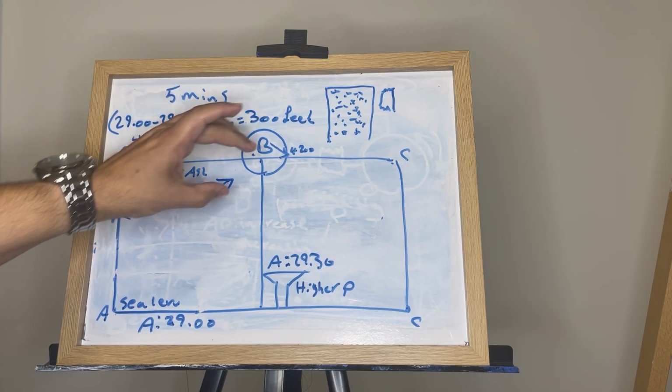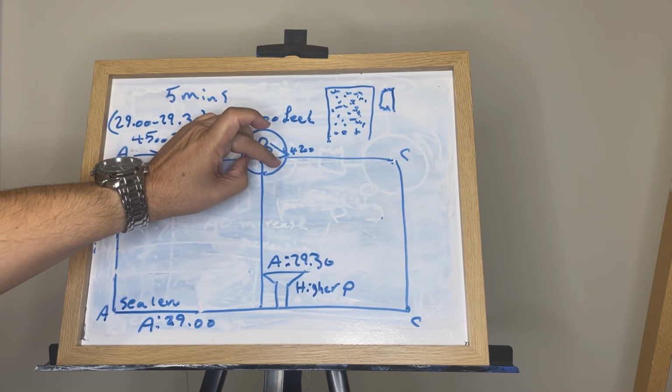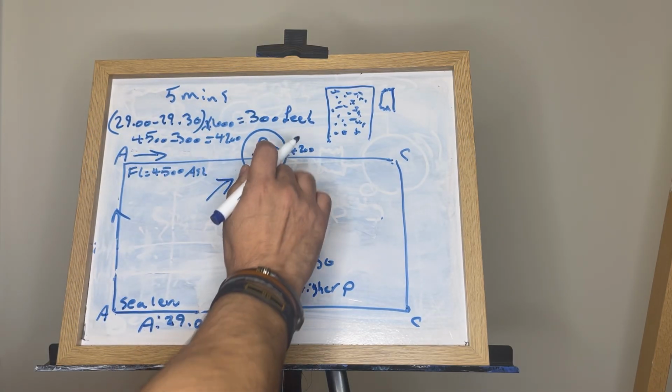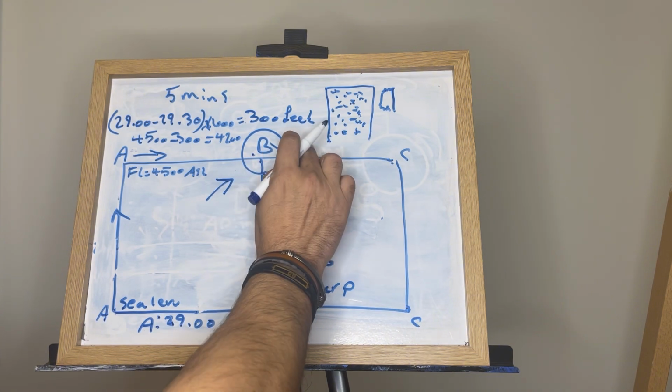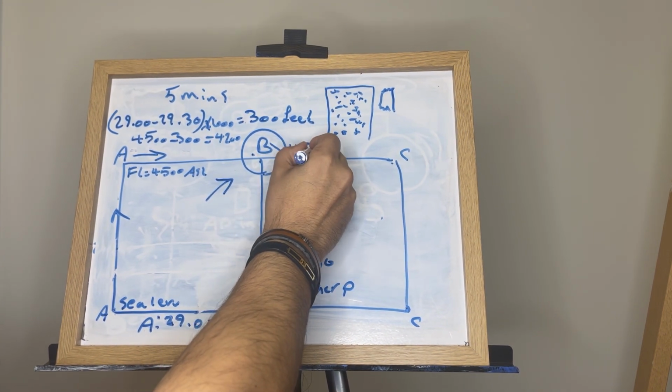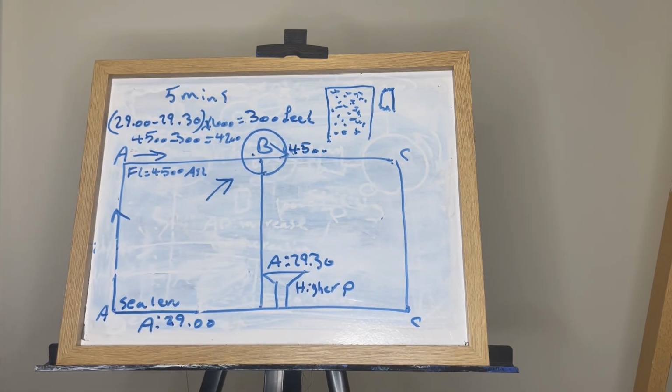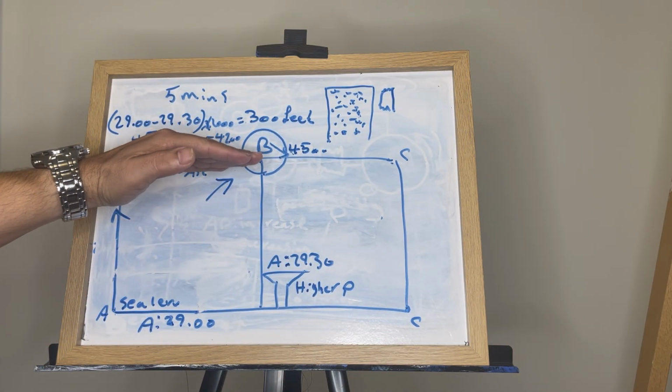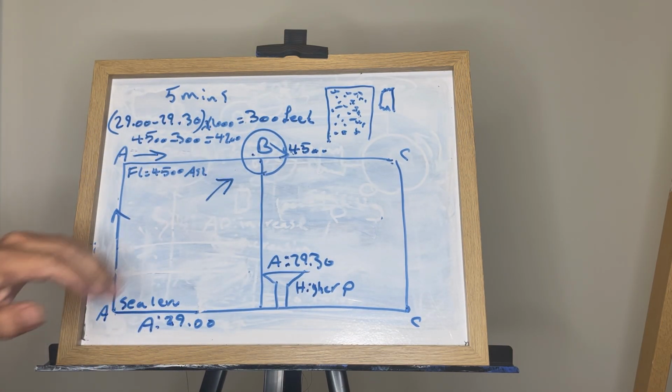So the pilot starts to climb 300 feet above to reach 4,500 feet. And when the altimeter shows 4,500 feet, you set the aircraft to level off again and continue en route.